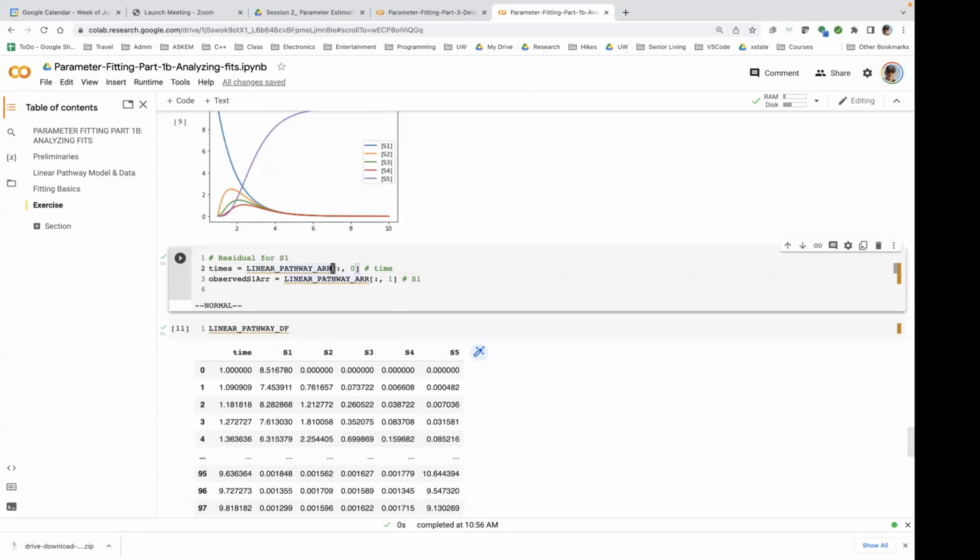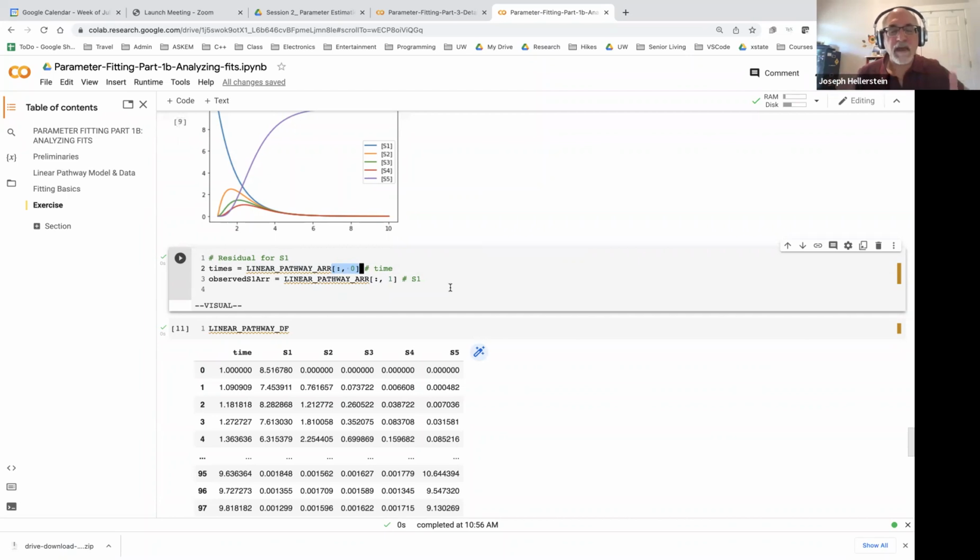This is a Python construct called slicing. Remember, we've got this table. What this says is take the first part of this ordered pair, and that colon means take all the rows. The first part indicates rows, the second part indicates columns. So this says take all rows, and since Python begins indexing from 0, take that first column.